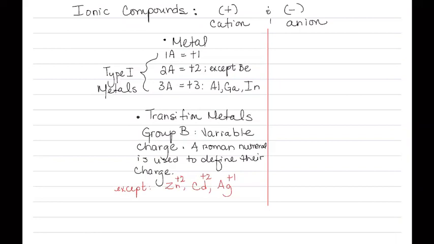Now, in this course, of things that have variable charge, we also have 4 elements that, even though they don't look like they're in group B, have variable charge.